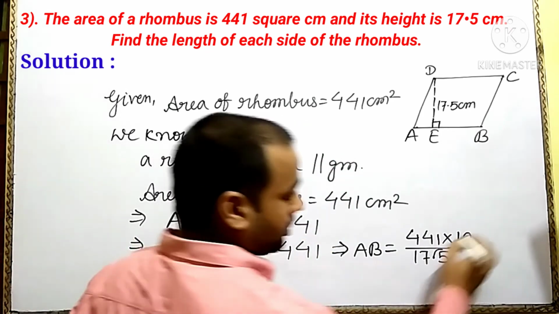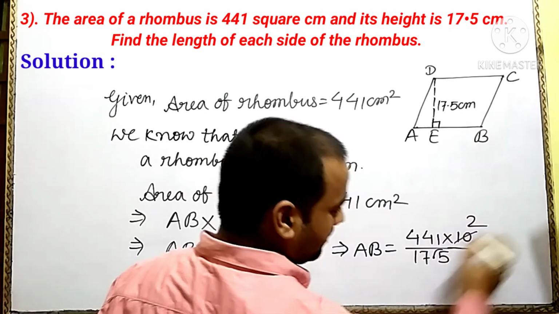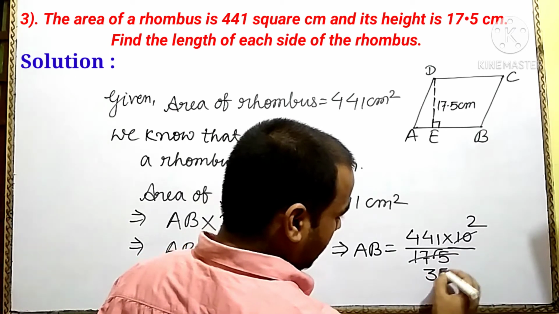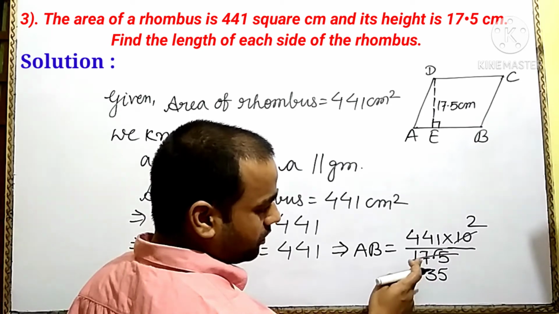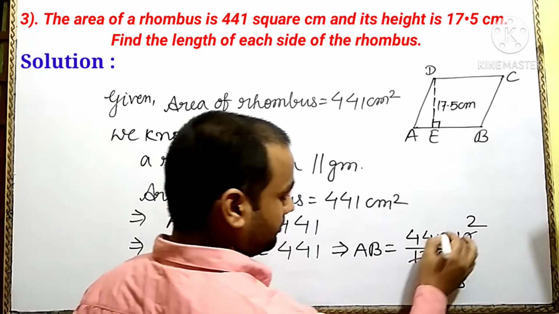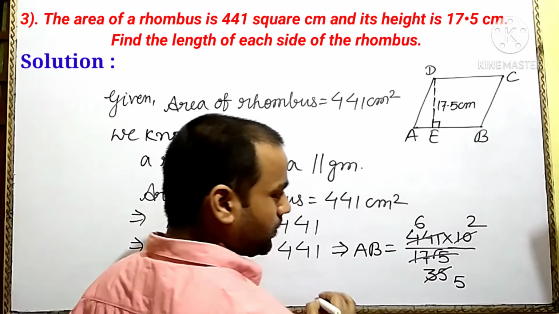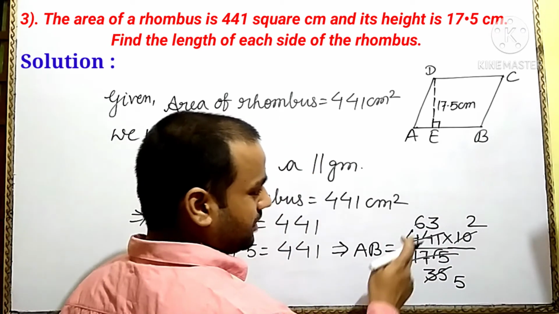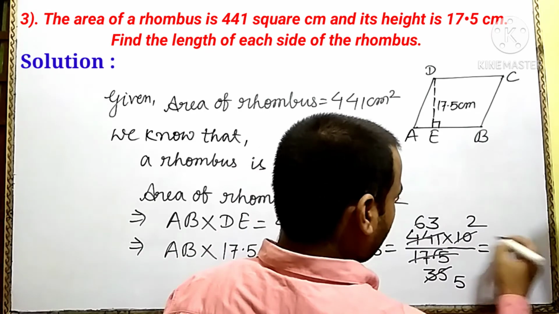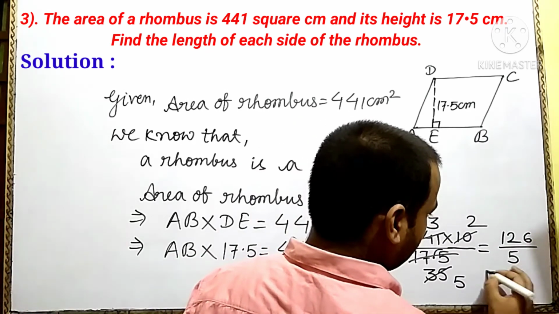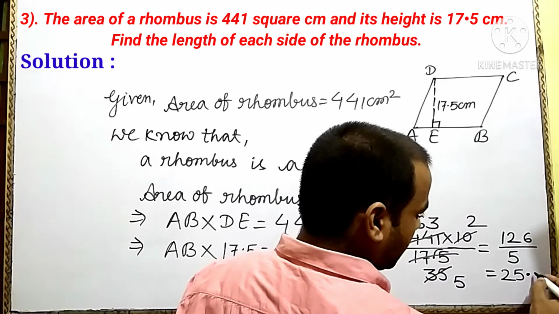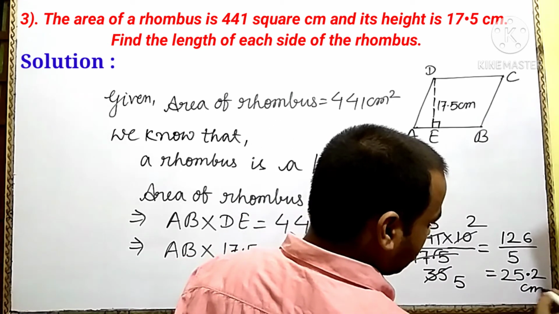Is it clear? 63 into 7 is 441. 63 into 2 we get 126 upon 5, which is 25.2 centimeter.